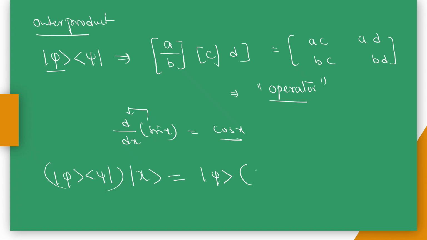Now the inner product between psi and chi, as we know, gives a scalar value k, so it transforms the function into k times phi. So when we operate with the outer product operator on a particular function, it changes the function to another with a certain multiplication parameter. So the outer product acts like an operator.